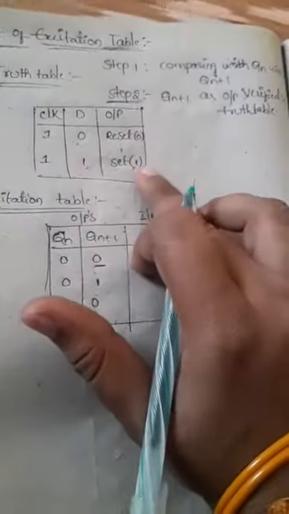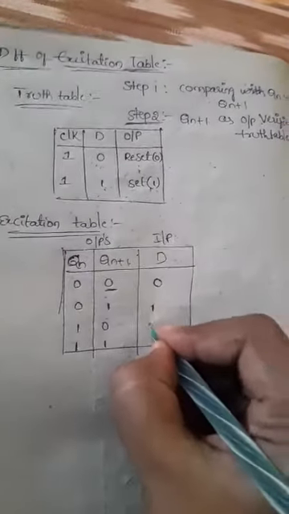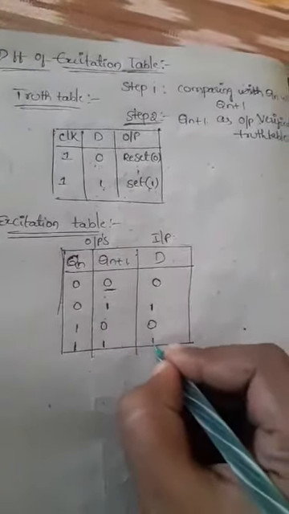Then Qn plus 1 output is 1, which is the set condition. In the truth table, at which input possibility do we get output as set? Again input as 1. So for reset we get 0, and for the set condition we get 1. So this is the excitation table of the D flip-flop.